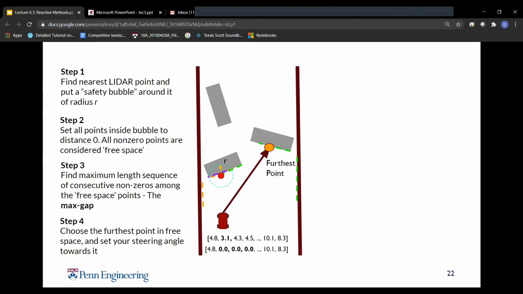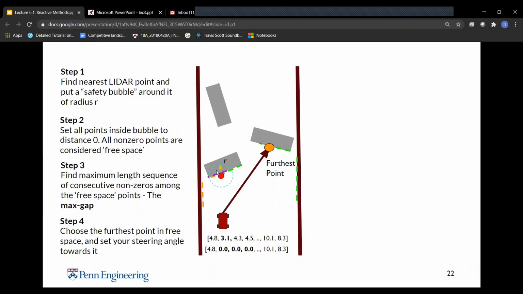And naturally, instead of having this fixed safety threshold T value, as the car approaches this obstacle over time, more of its LiDAR points are going to be concentrated around this obstacle. And this safety threshold will correspondingly get bigger. So already we're seeing that we're dynamically varying the size of the safety bubble.